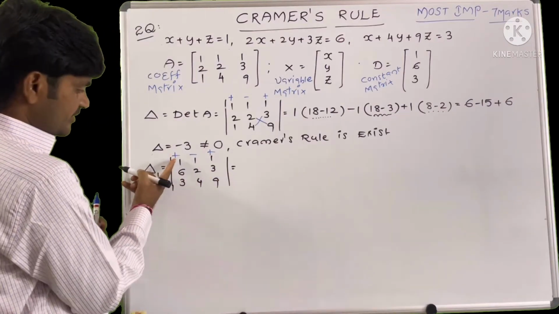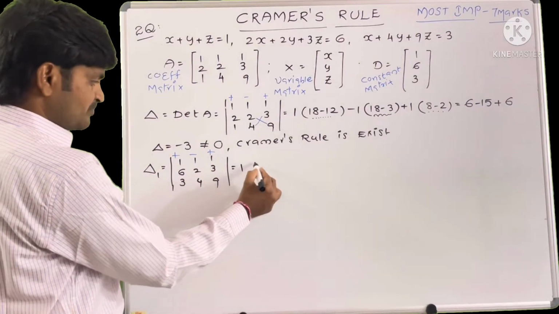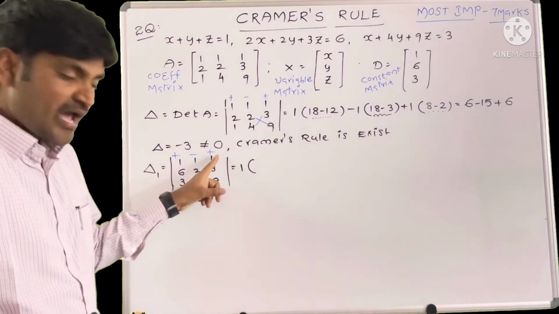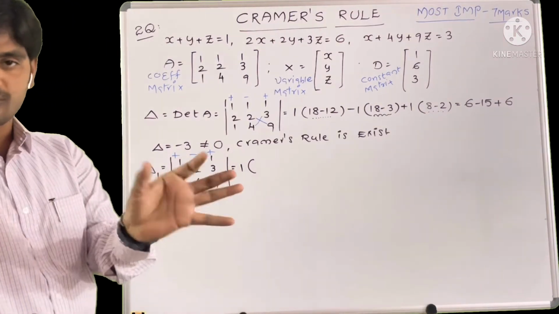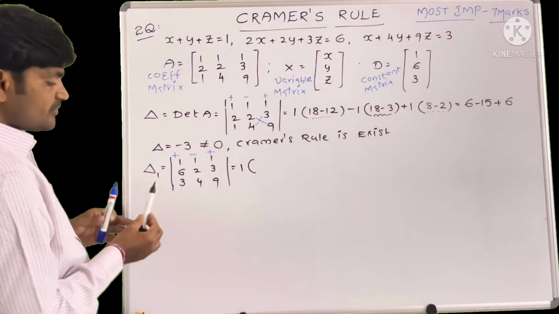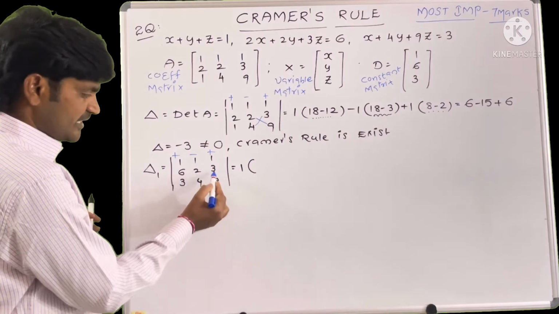First of all, plus into 1, 1 into 1: the row and column of this element are removed. So this row and this column are removed, and 4 elements remain like this: 2, 3, 4, 9.